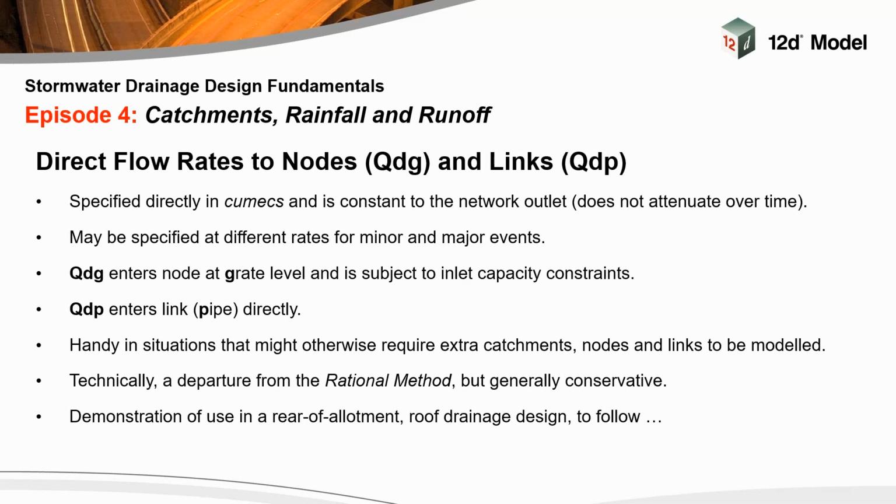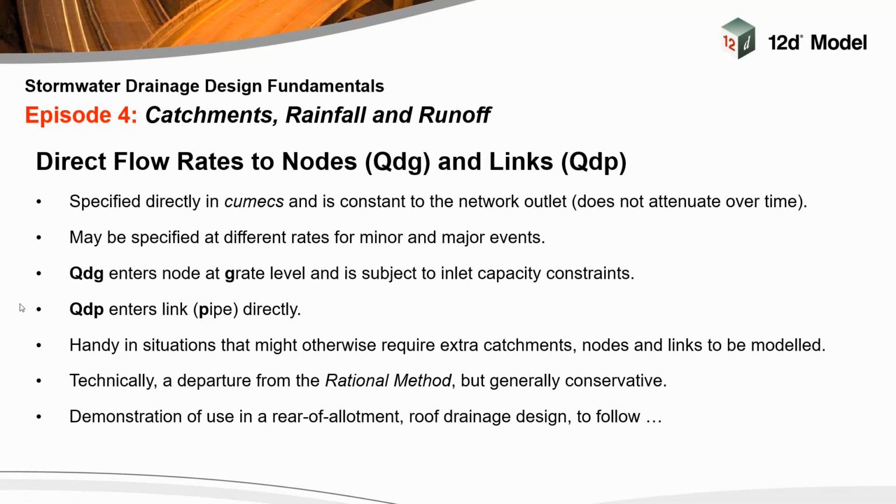You're basically saying you're going to work out all the flow rates yourself, and you specify them and they remain constant. They flow constant to the network outlet. They do not reduce or attenuate over time as normal flow rates would due to storage effects. But they are up your sleeve and they are handy in certain situations.